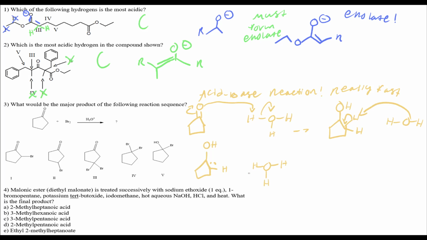Okay, so now after that happens, one of our bromine molecules can come in and attack. So our bromine cleaves off, and these electrons attack the bromine. And we have this.